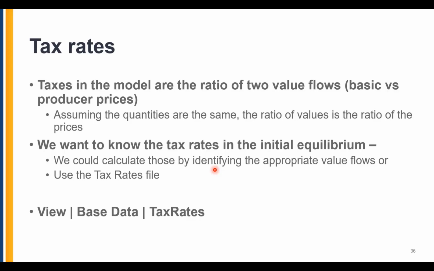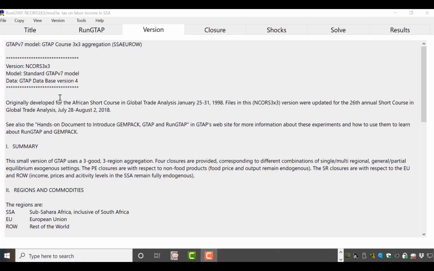But as you might expect, with RunGTAP, a framework built for solving the model and for helping new and experienced users set up simulations, run them, and do analysis, that tax rate information is already available, and we can see it if we go to View, Base Data, and Tax Rates, and that's what we'll do now.